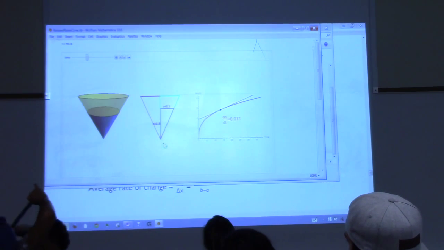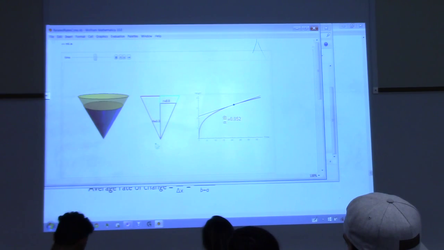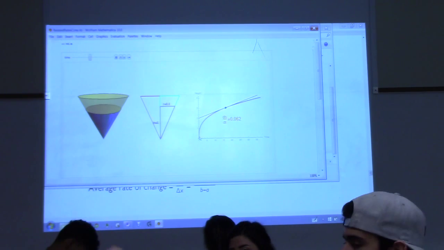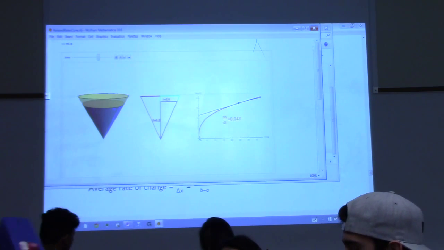You're filling up this cone-shaped thing, and you're trying to find a function that somehow gives you a relationship here. And so look, again, I'm looking at a function. The whole thing is these functions mean something later. They're tied to something. So we need to be able to work with them, be comfortable with them. Domains, ranges, maximums, minimums, increasing, decreasing, all that stuff has to be in our toolbox.